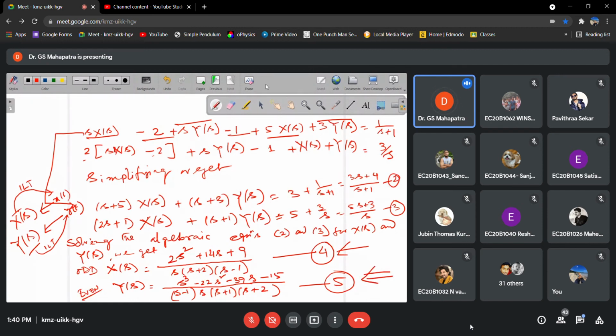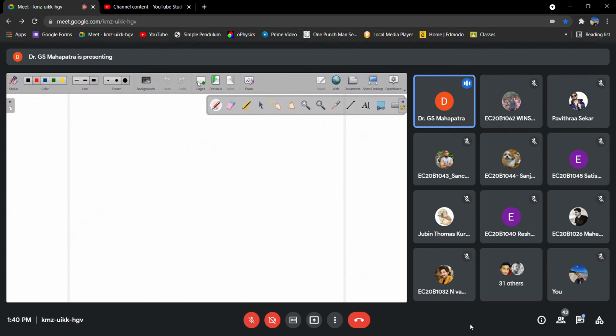Now, what is X of s? It is (2s square plus 14s plus 9) divided by (s minus 1)(s plus 1)(s plus 2). This one is known. So this is X of s. What is the next?